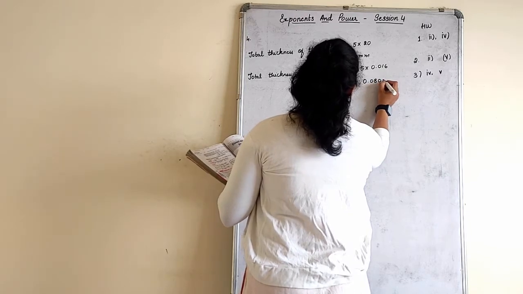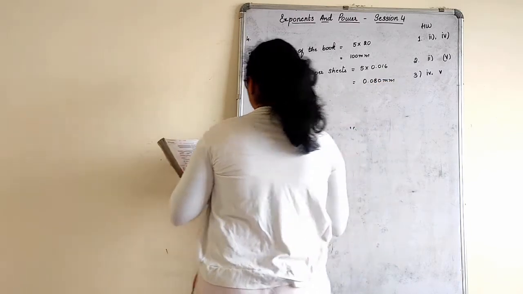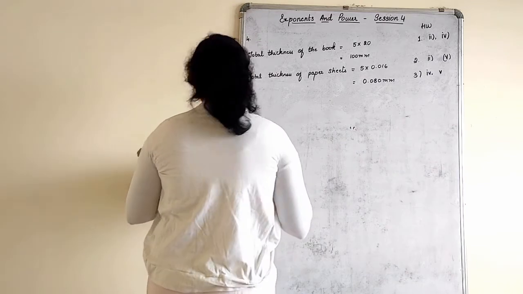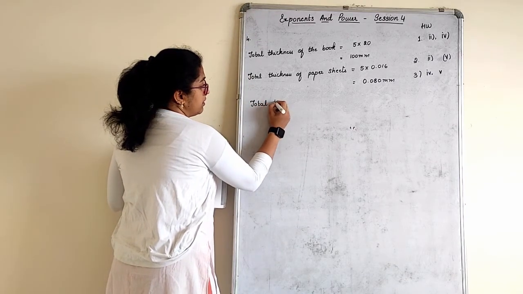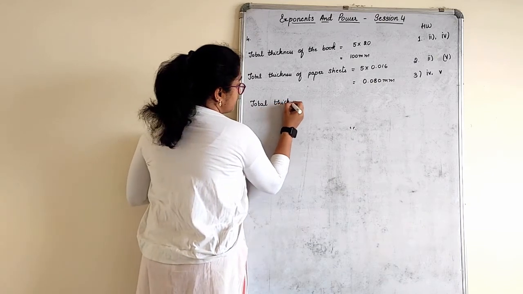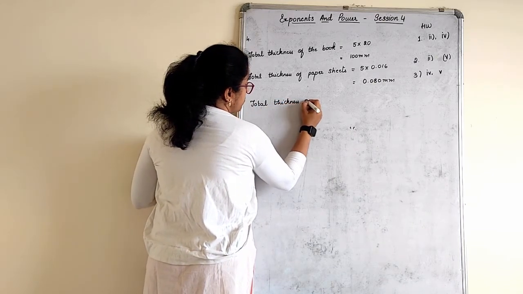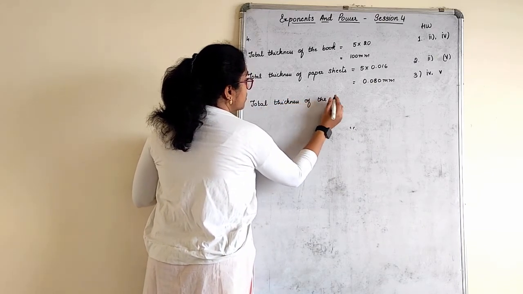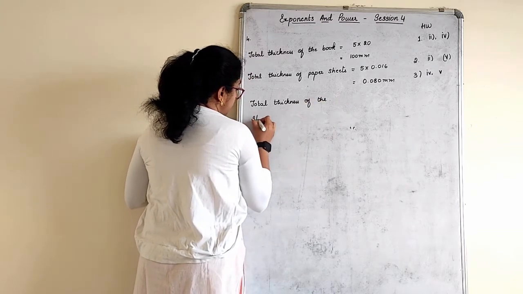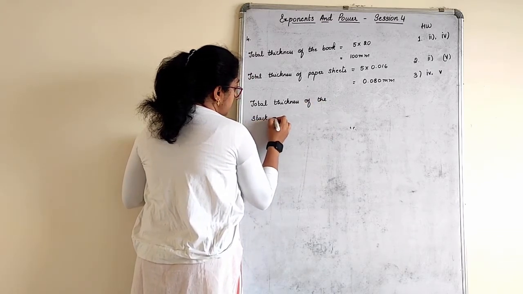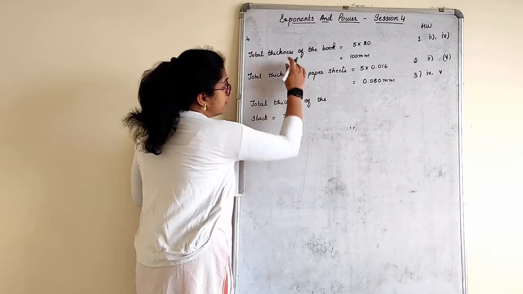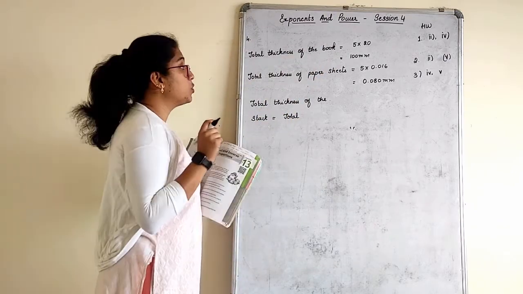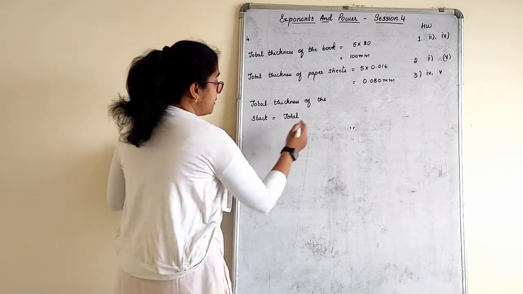I write or you don't write, doesn't matter, millimeter. Now, they have asked what is the total thickness of the stack? Total thickness of the stack is equal to what? Total thickness of the book plus total thickness of the paper sheets kept there.